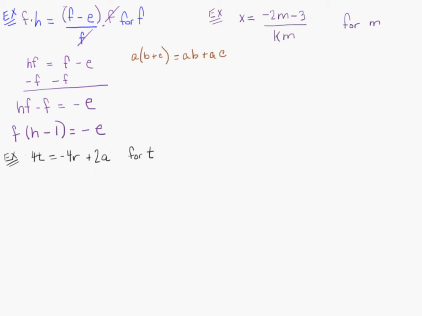Now I have one F term by itself times H minus 1 equal to negative E. So let's write that up here. I thought I had enough room. I don't, so I have F times H minus 1, which is equal to negative E. So given that H minus 1 is one quantity, multiplying times F, I'm going to divide both sides by H minus 1.